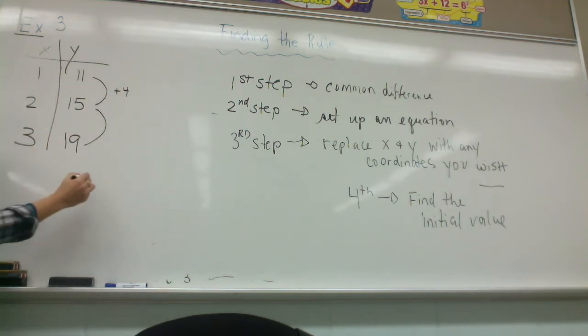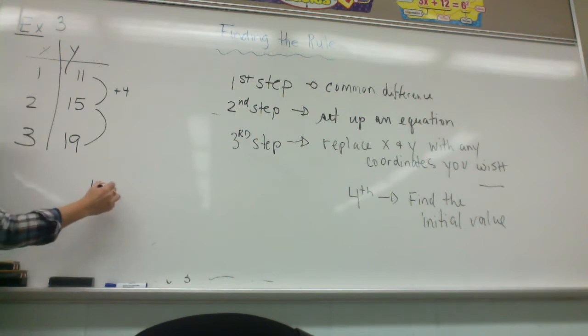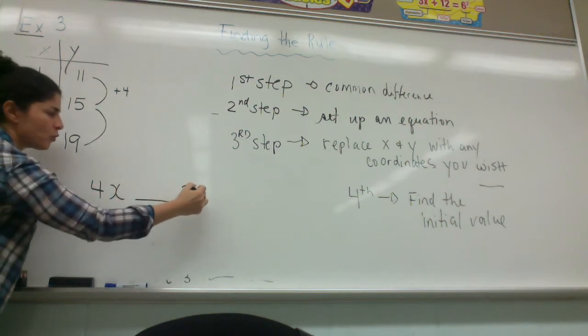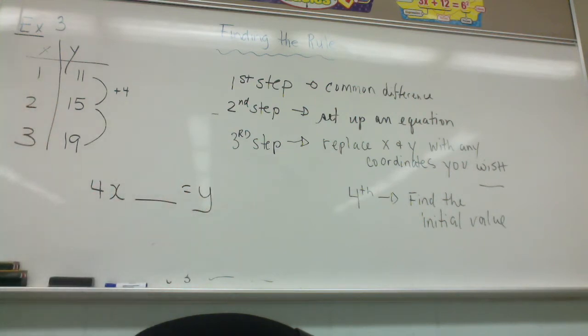So I did step 1. I'm going to place 4x equals y. And then I'm going to choose either 1 and 11, 2 and 15, or 3 and 19.